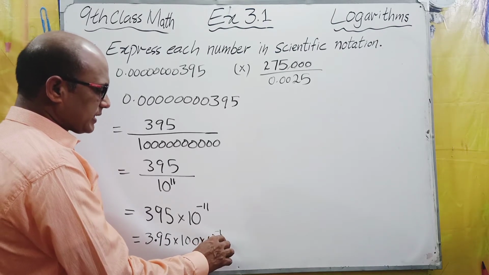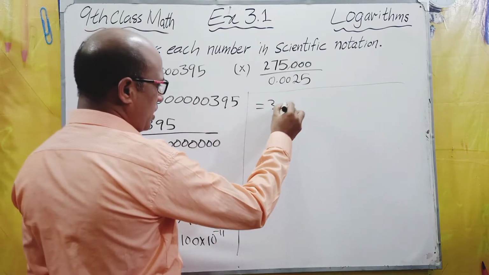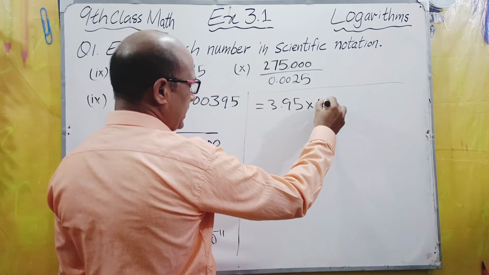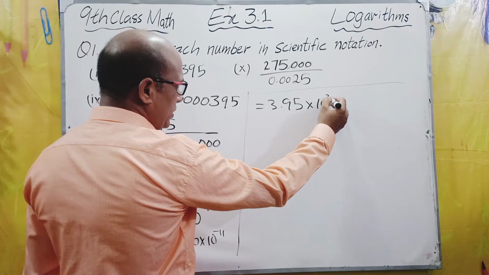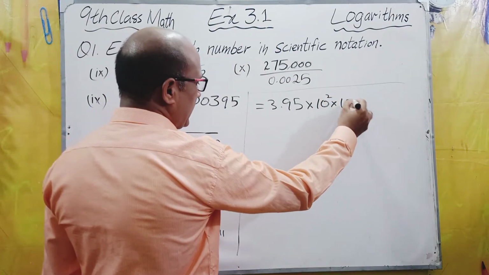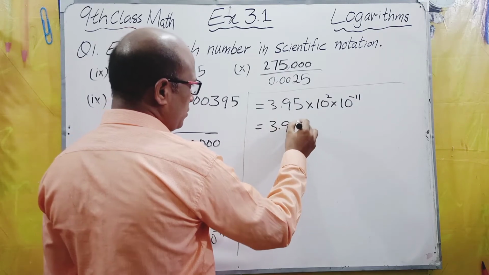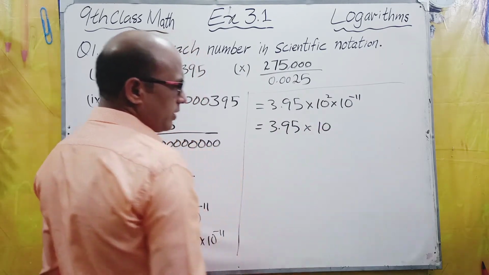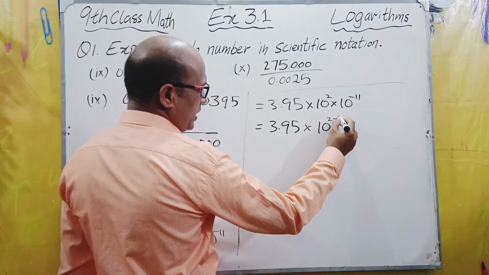So we can do it further. 3.95 multiplied by 10 power 2, that is 100, multiplied by 10 power minus 11. These two powers of 10 will become one, and their powers will be added.